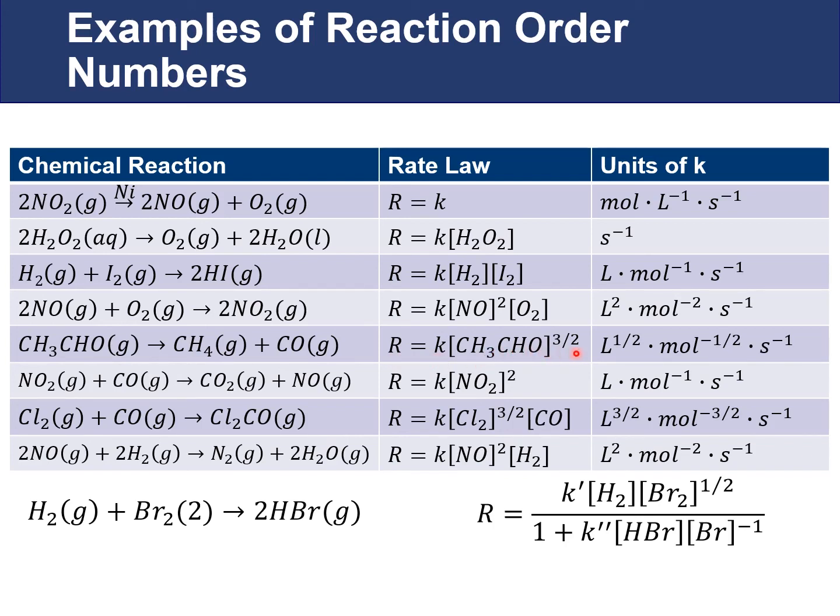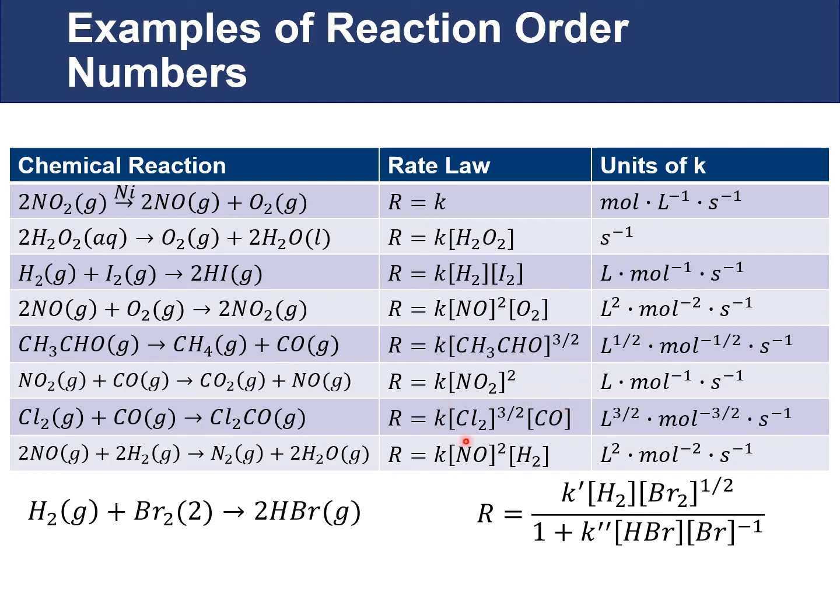This has 3/2 moles over 3/2 liters. You have an extra half mole, an extra half liter that you need to get rid of to get your units of moles per liter per second. So the units on K will be liters to the 1/2 power on top over moles to the 1/2 power times seconds on bottom.